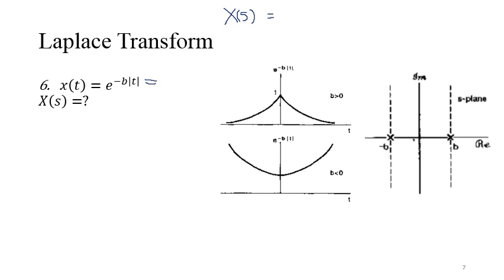So that means we can write it as two signals. From minus infinity up to 0, we can write this signal as e power plus bt, because time is negative, so the resulting exponent is negative for t.